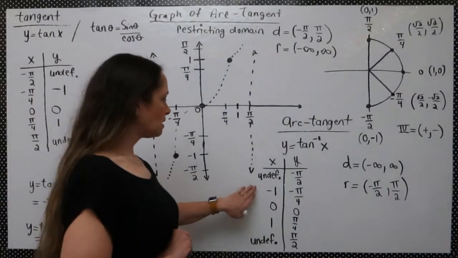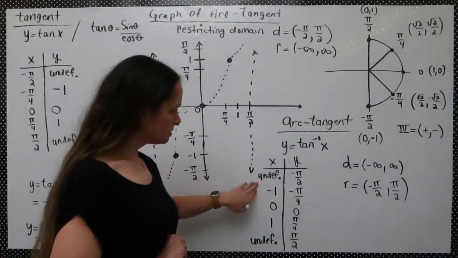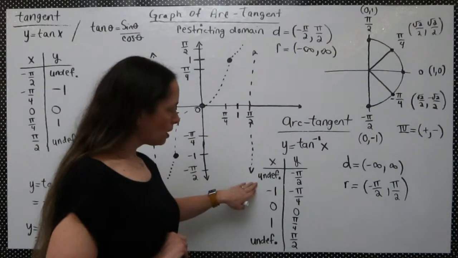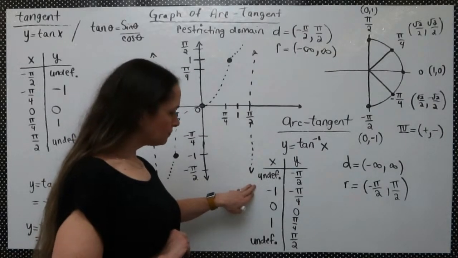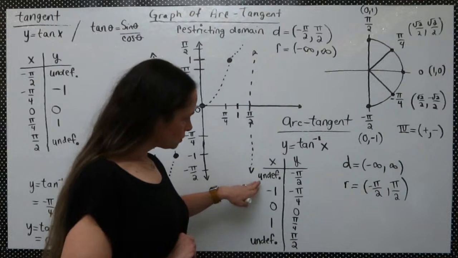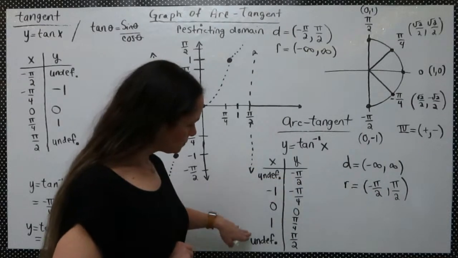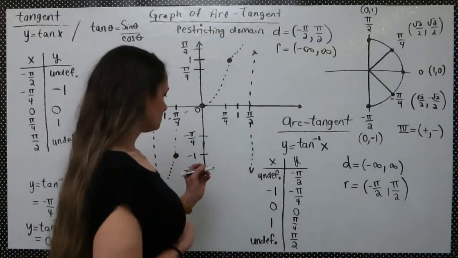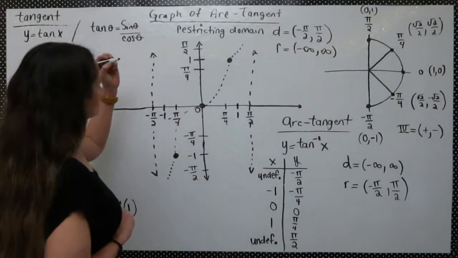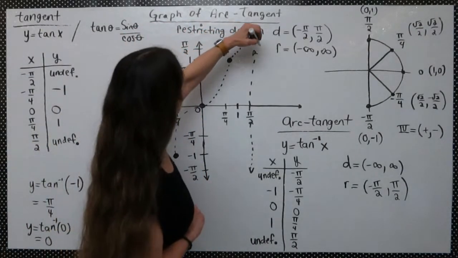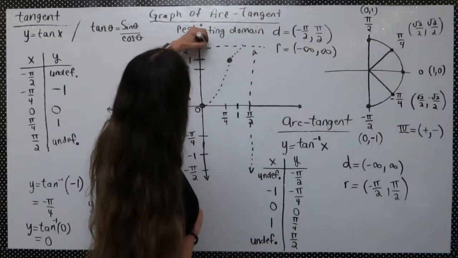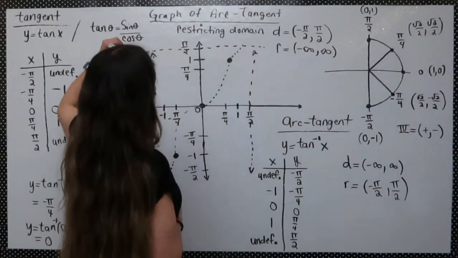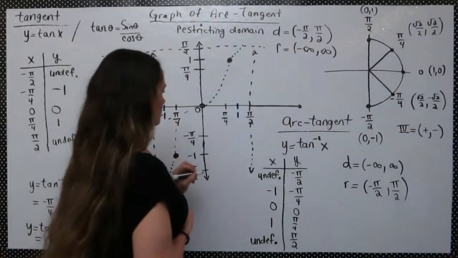What I'm going to do now is start plotting the graph of the arctangent function. First, just getting these undefined values here and putting the asymptotes in here. So we've got one here. And we've got one right here.